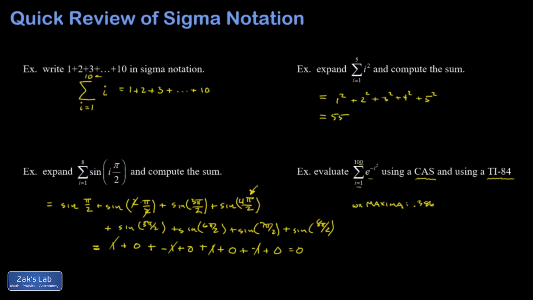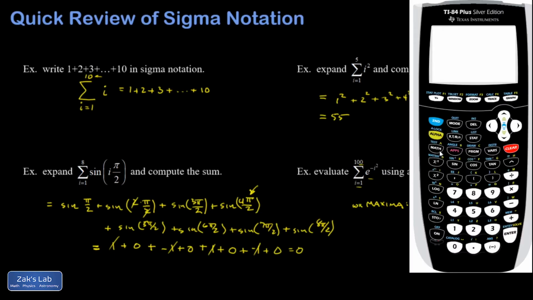Let's take a look at the TI-84. To get to the sum function, you have to hit the math button and then 0. And it looks like that on this particular calculator. There are a few different variants of this, and I'll try to show 2 of them. And so I have the sum, and I'm going to put the function in here that I'm interested in.